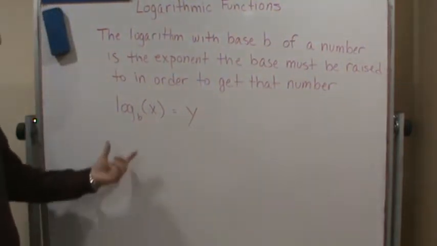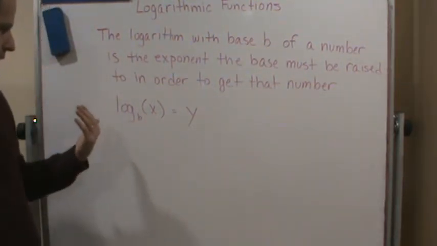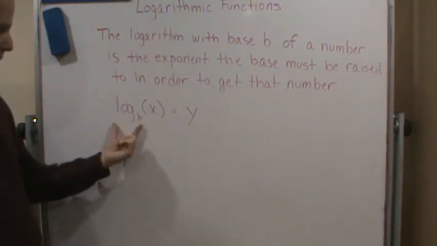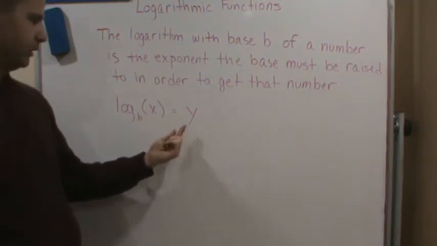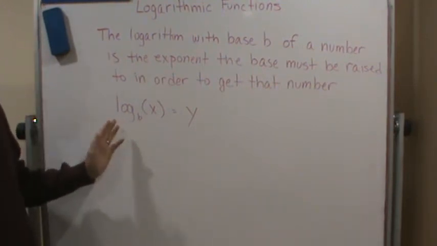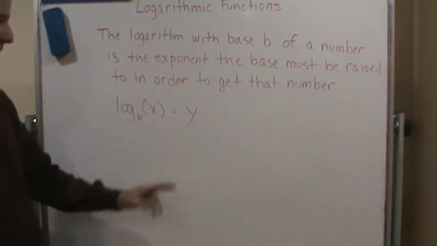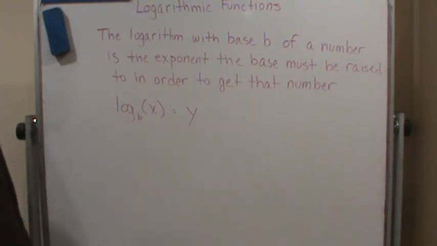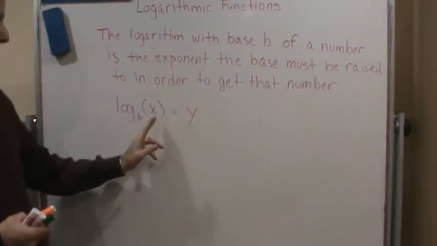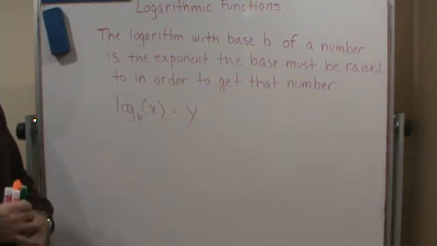And so we would say the base b logarithm of x is equal to y. Or we could say plainly, log base b of x is y. Or you could say b raised to the power of y is equal to x. We could say it that way too.